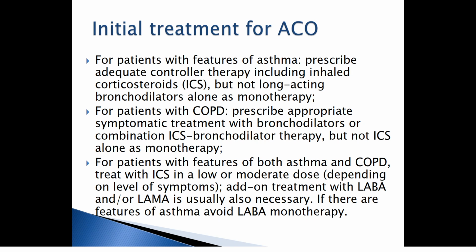If there are features of asthma, avoid LABA monotherapy. So mostly for patient with ACO, you have to use both, not alone. You have to use ICS, you have to use LABA, and you have to use LAMA. Because this person, as a rule, is more severe, it will be triple therapy.